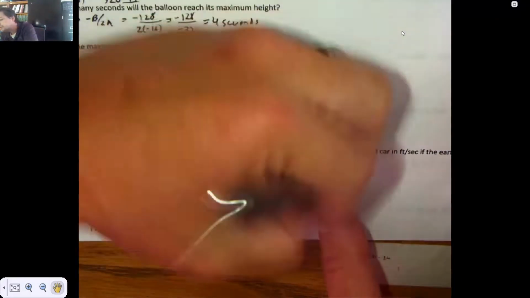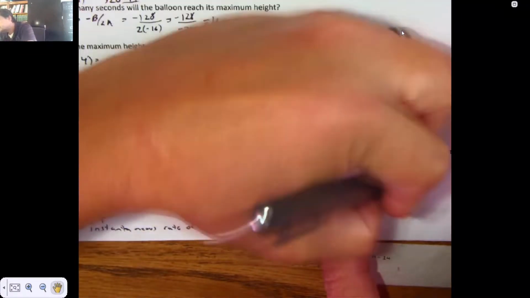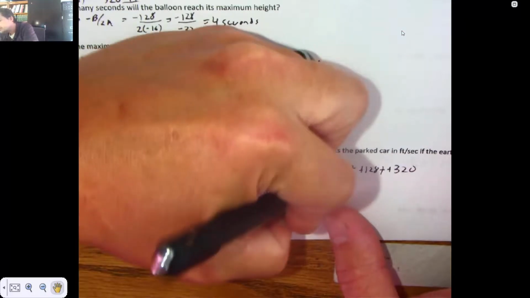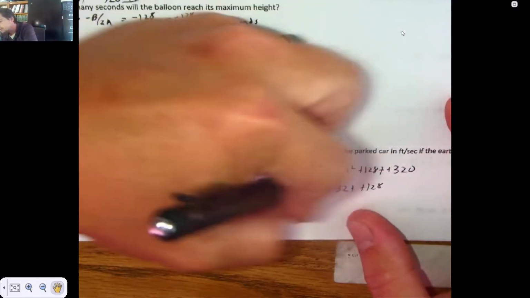So I'm going to find the derivative of my original function. Height as a function of time is negative 16t squared plus 128t plus 320. Its derivative would be called h prime, and it's going to be negative 32t plus 128. If I want to know the instantaneous rate of change when I hit the ground, I plug that 10 in right there.